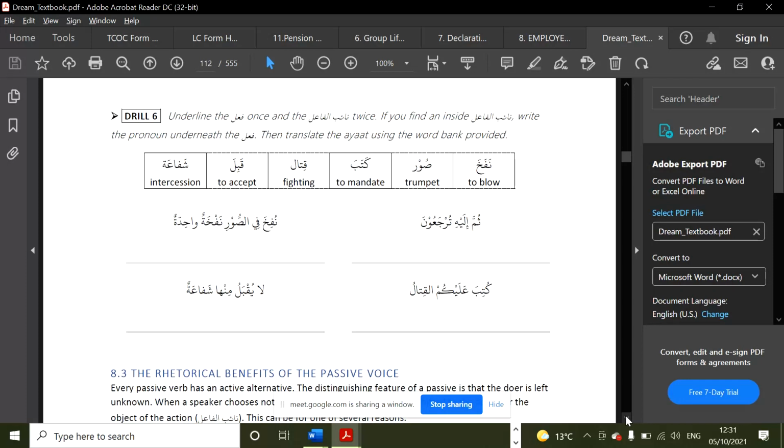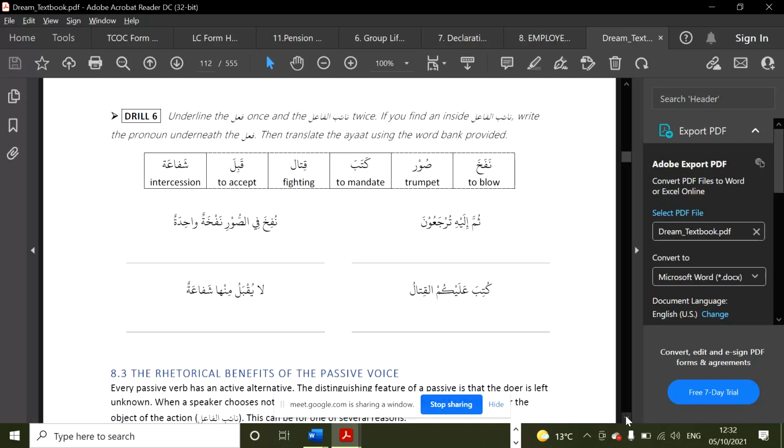It's looking to me like you have either not attended the lectures actively or have not revised, because you are talking about really basic things. So I recommend that you go today and revise all the lectures on mabni al-majhul, because you are confused a lot, and I cannot teach you everything from the beginning that we have spent two or three days studying.